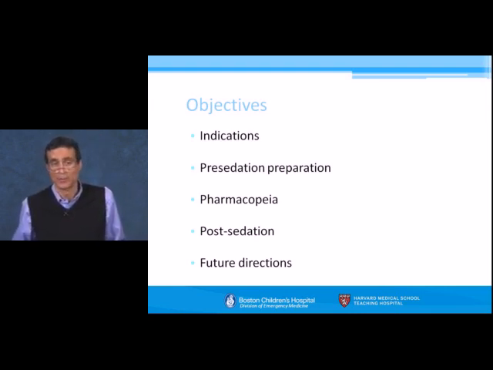We'll discuss the Pharmacopoeia, talking about the routes of administration of the drugs and the indications for the use of the drugs. We'll talk about post-sedation, both recovery and discharge, and we'll talk a little bit about future directions of the field of procedural sedation.